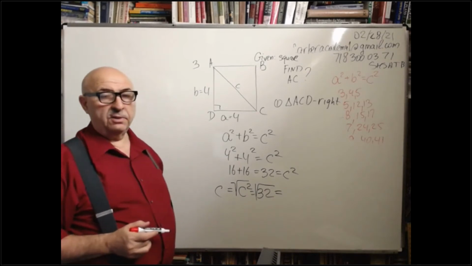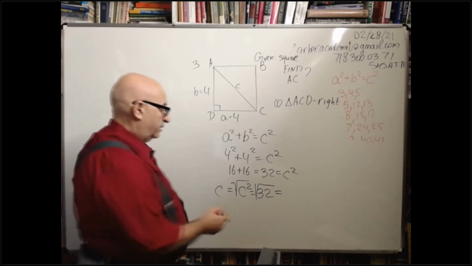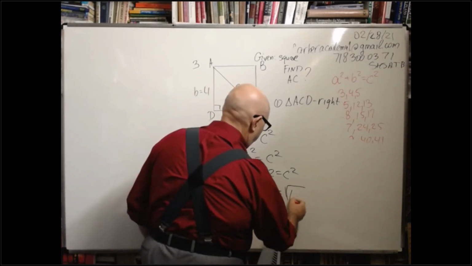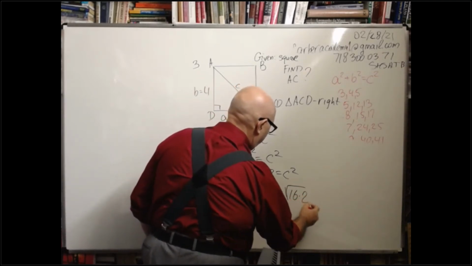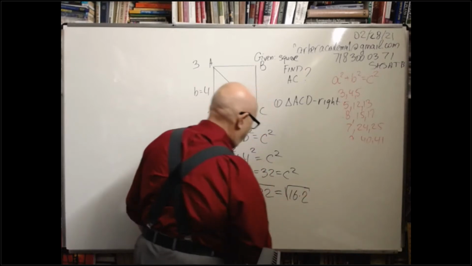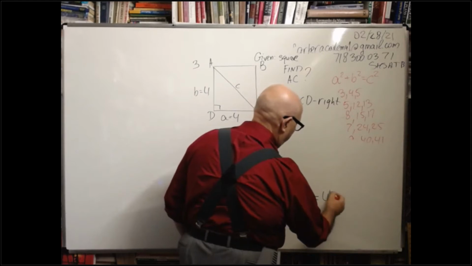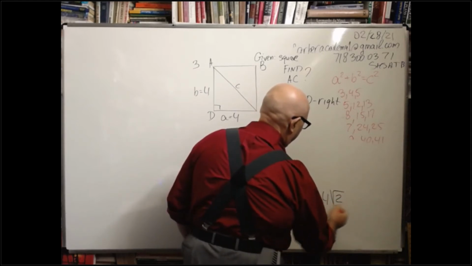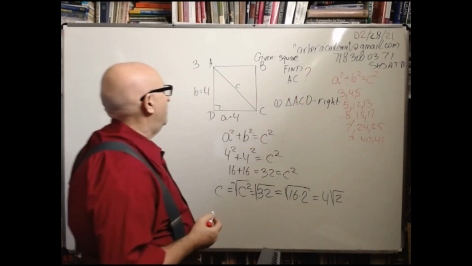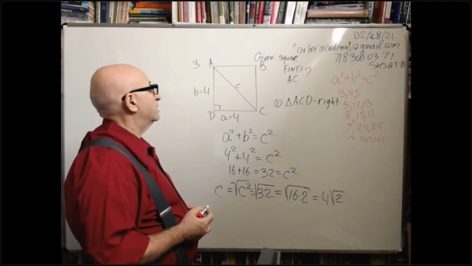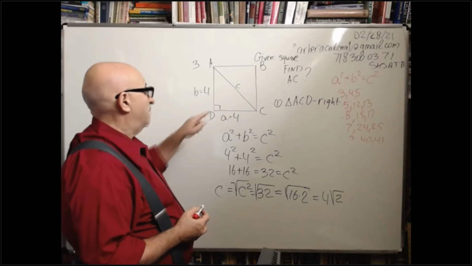Use chapter 10. Extract the greatest square factor, which is 16 times 2. The square root of 16 is 4, times the square root of 2. And we found the diagonal of the square based on the Pythagorean theorem.